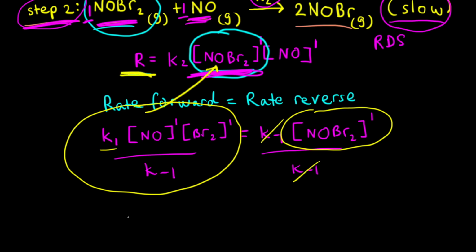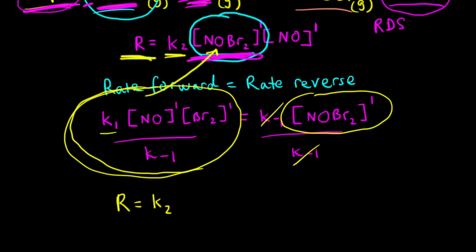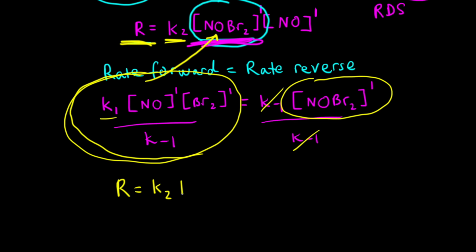That gives us the rate of reaction is equal to, we still have this k2 in here, so we have to make sure to include it. And we're going to substitute all of this in for the concentration of our intermediate. So that would be times k1 times the concentration of NO to the first power times the concentration of Br2 to the first power, divided by k minus 1.